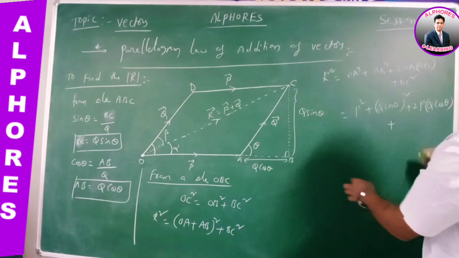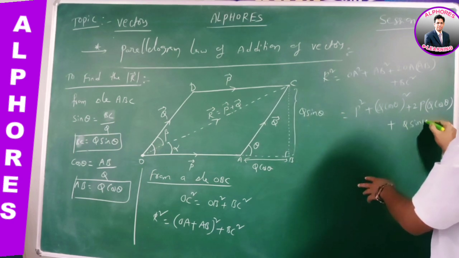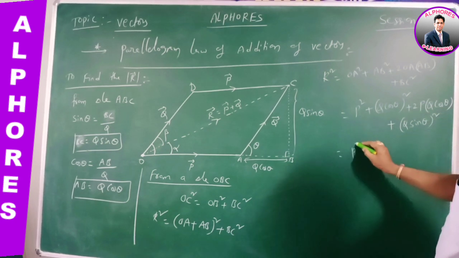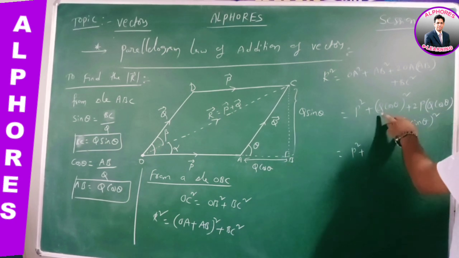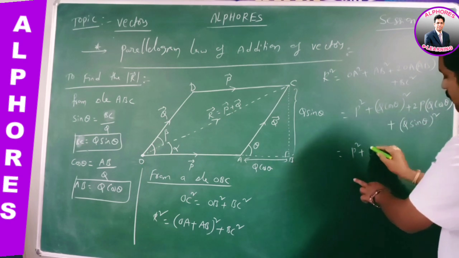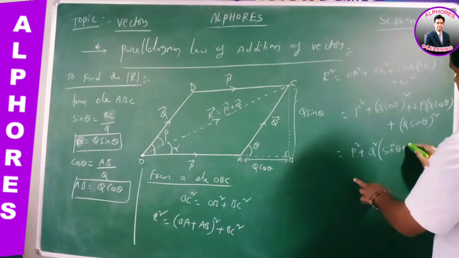BC from the diagram is q sin theta, whole square. So I am getting P square plus q square cos square theta plus q square sin square theta. Here q square is common. The remaining factor is sin square theta plus cos square theta, plus again 2PQ cos theta.